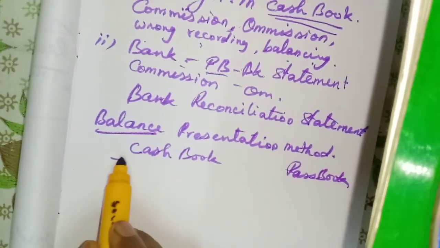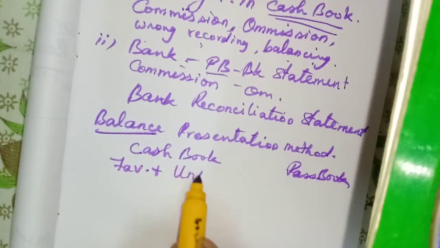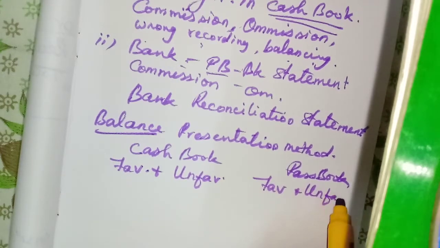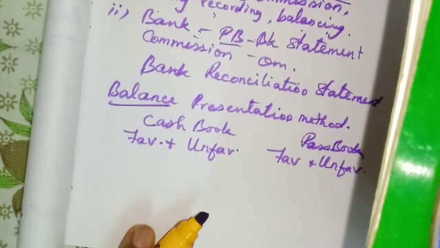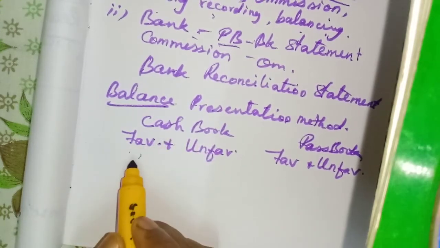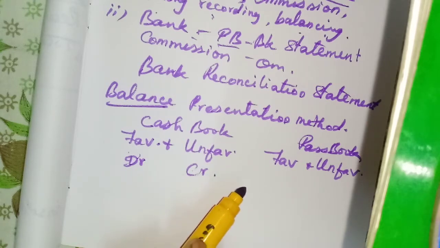Cash book favorable balance and unfavorable balance; the passbook also favorable and unfavorable balance. Cash book favorable balance means the cash book shows a debit balance. Unfavorable means credit balance, that means bank overdraft.